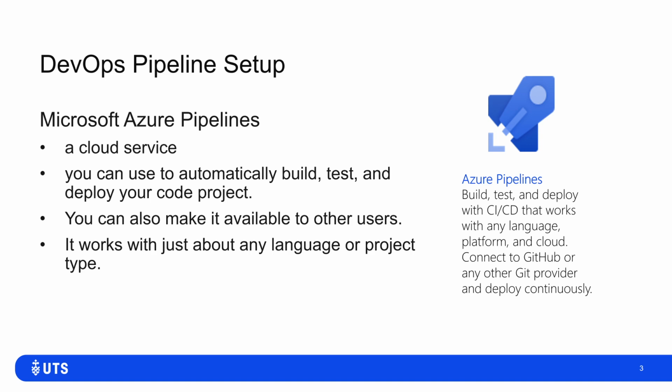You can use Java, JavaScript, C#, Python, etc. Very convenient, and you can implement the methodologies we have learned, and will learn in this subject, including automated testing, CI and CD, and also code flow, into this Azure DevOps pipeline.